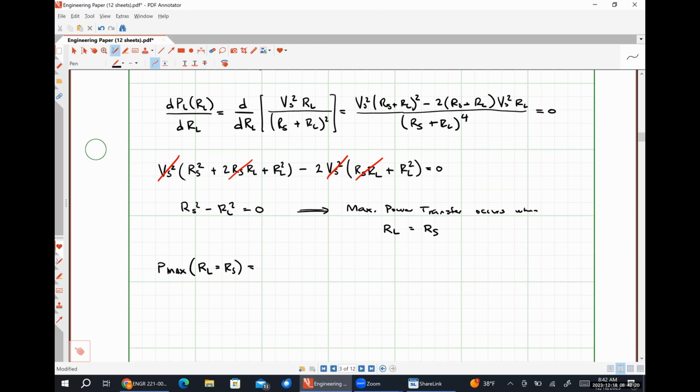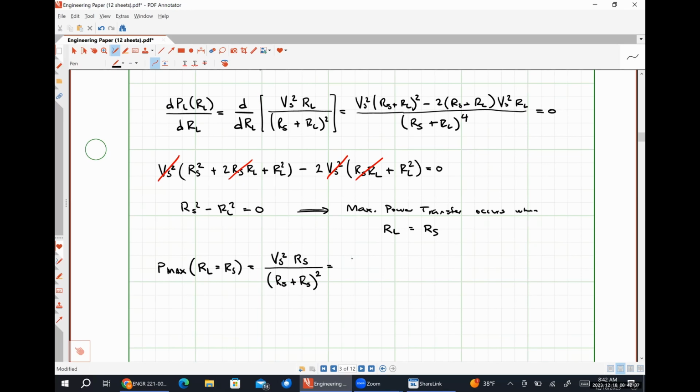So looking at our expression, we're going to have VS squared times RS, where I'm simply replacing RL with RS, divided by (RS plus RS) quantity squared.